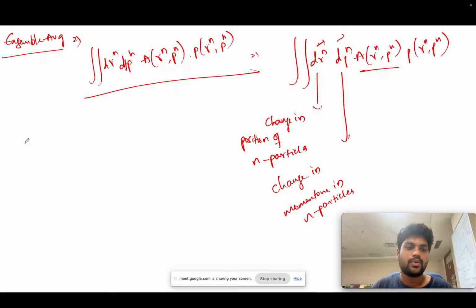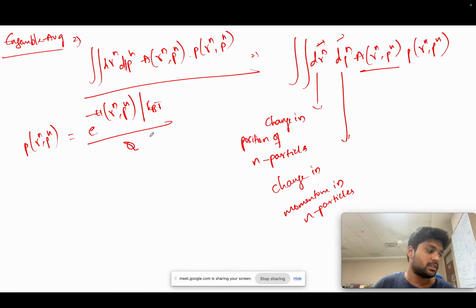And now if you are talking about the probability, this is nothing but kBT by the partition function. Now the H is nothing but total energy.